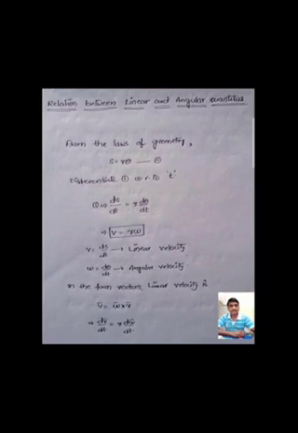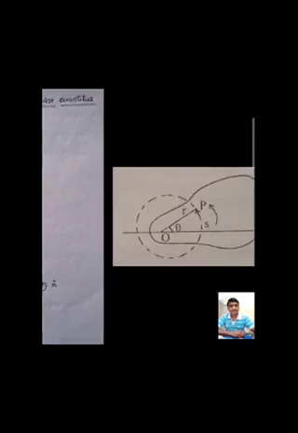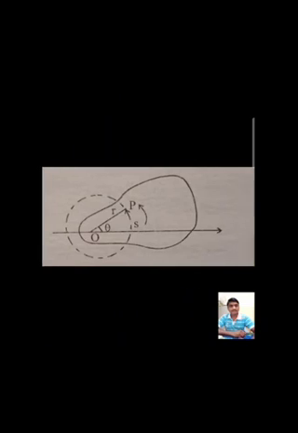Now I am going to explain about relation between linear and angular acceleration, angular quantities. So first, from laws of geometry, from the diagram, S is length of arc and angle made by this arc at a location O is theta and radius vector is r.